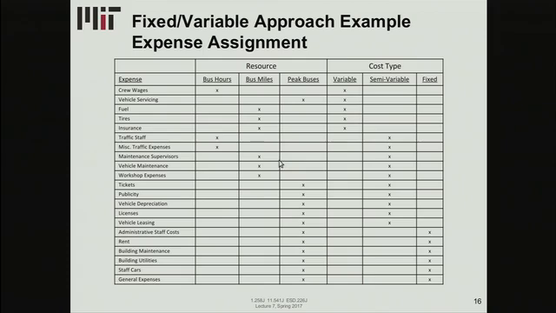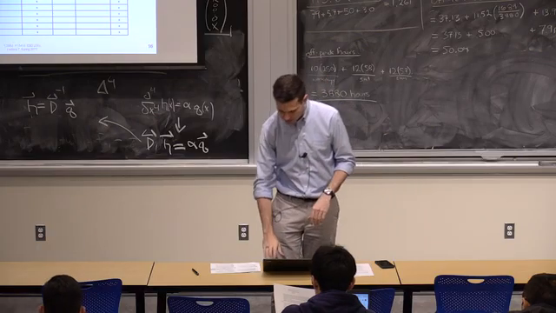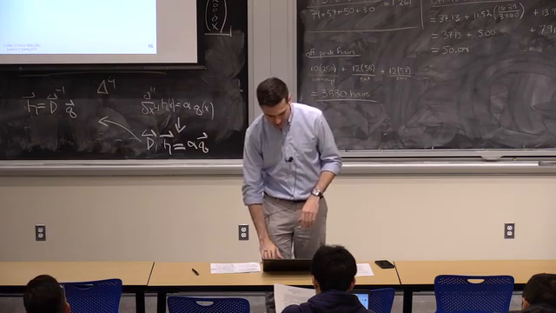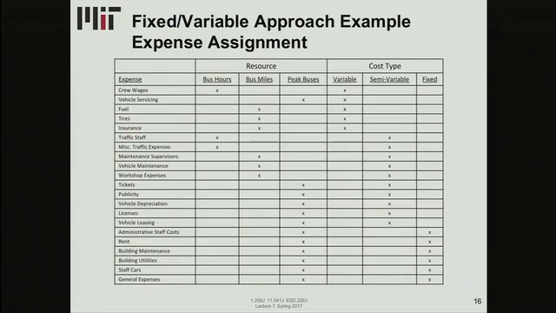So you can go through each of these. Again, this requires judgment, and therefore each person might do it slightly differently. But you use the schedule, and you then calculate your unit costs, much like we did with the earlier examples, and you then apply the model. But now we have more precision.